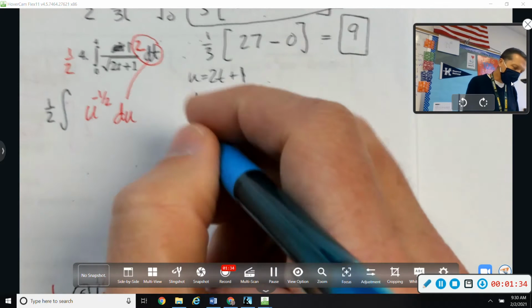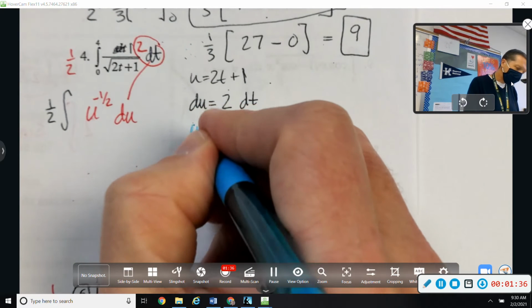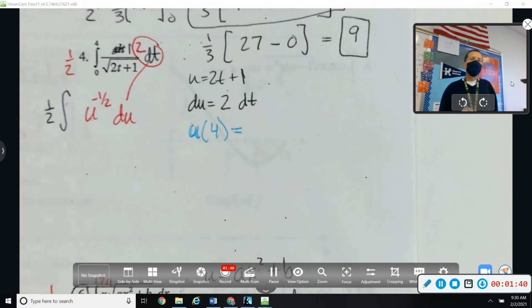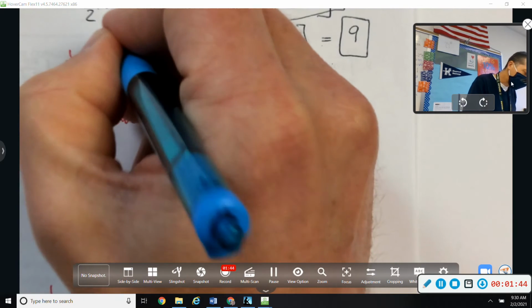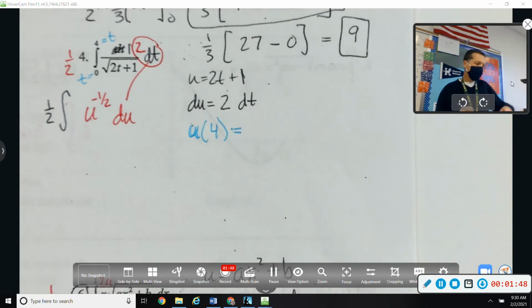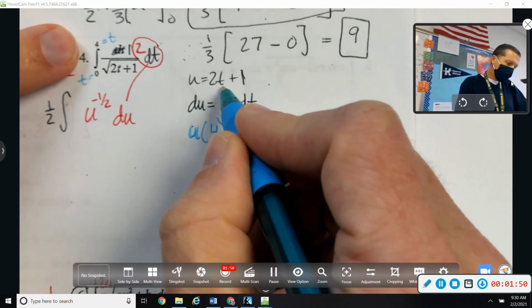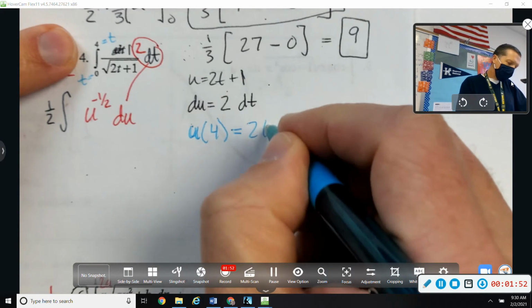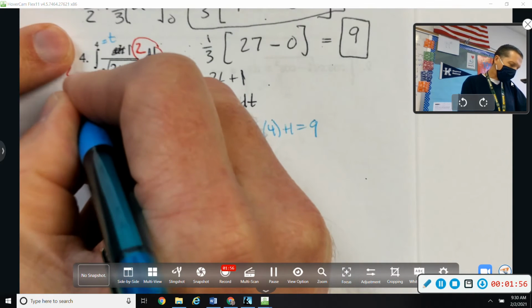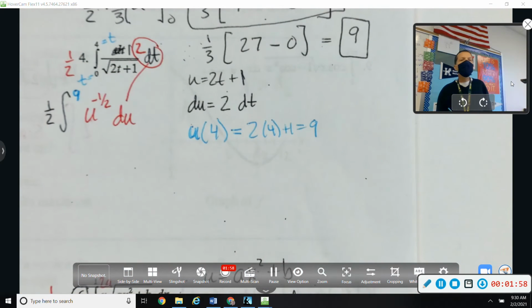But I don't even want to do that yet. I want to switch my t values to u values. Right, because initially these are t values, and I want to switch them to u values. So if t is 4, 2 times 4 plus 1 is 9. So my top limit is 9.